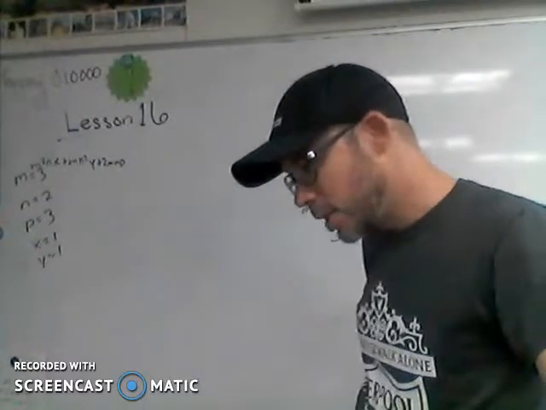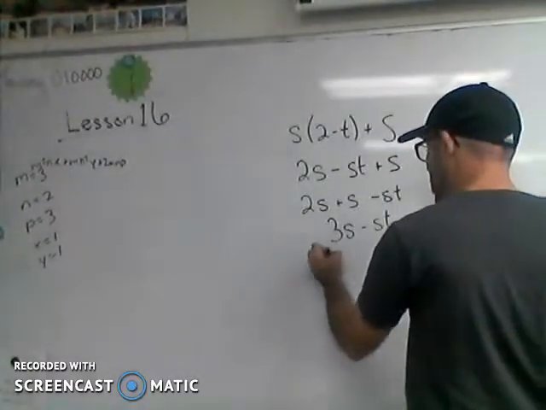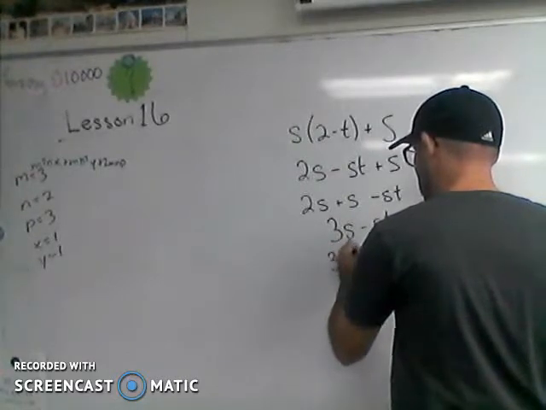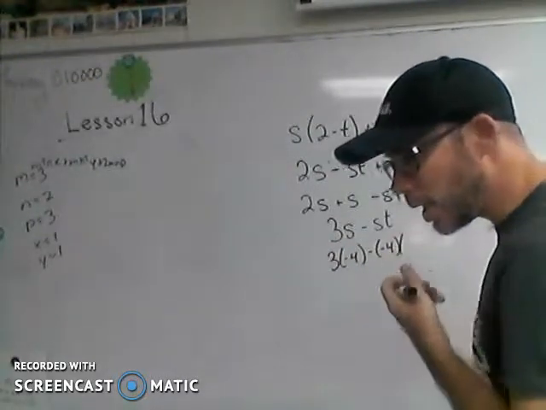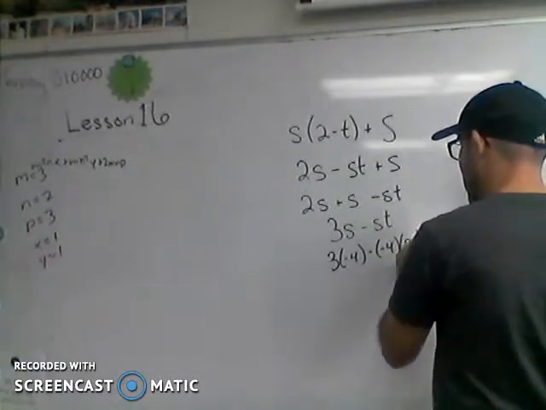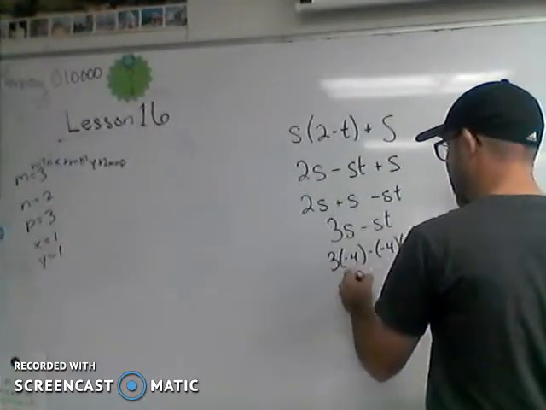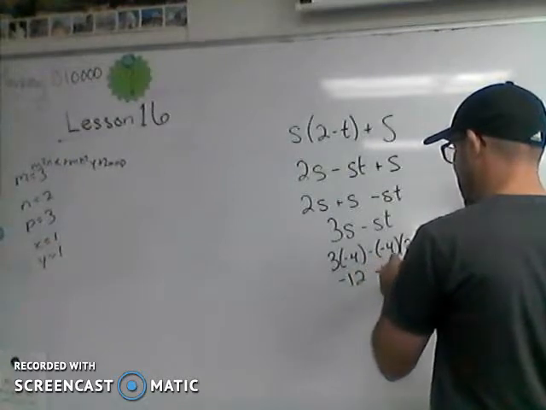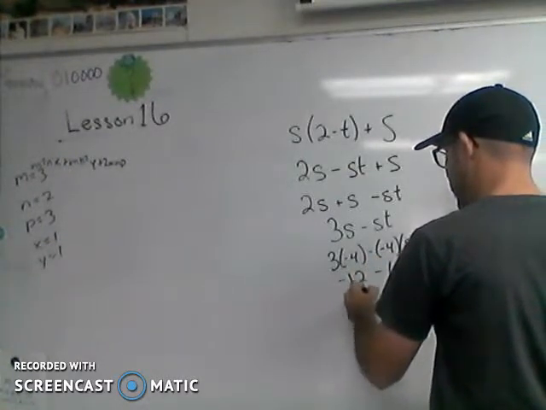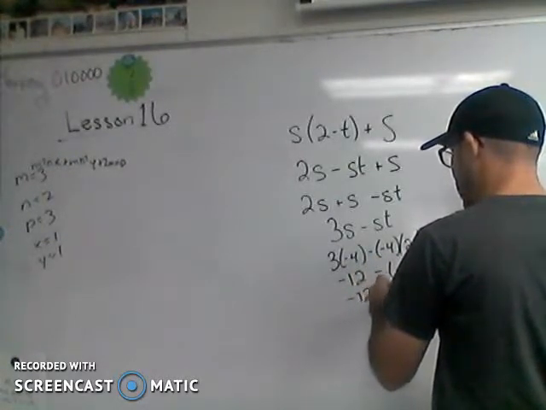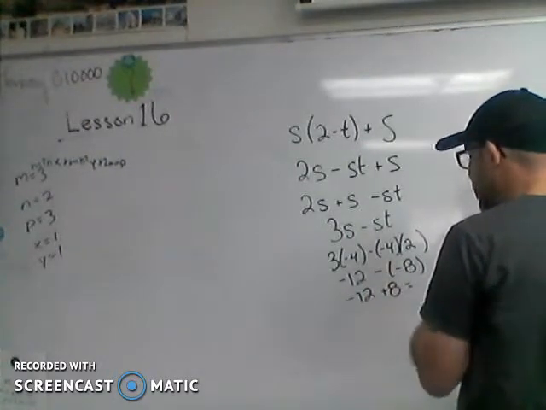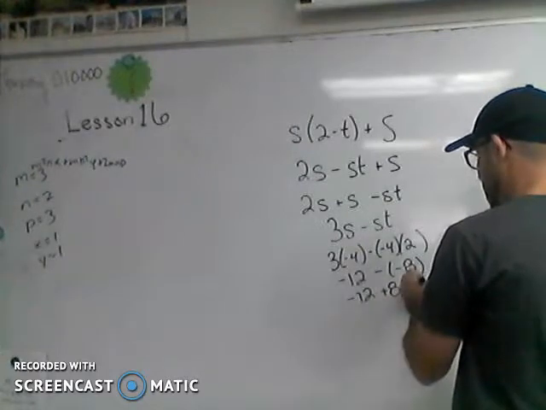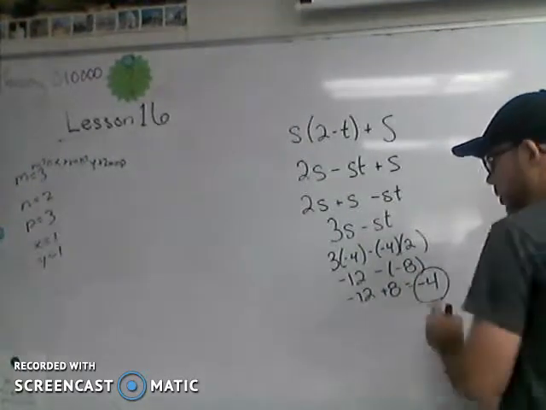And this one says if s is negative 4, and if t is 2. So now we've got negative 12 minus negative 8, or negative 12 plus 8. Negative's a bigger number here, so I find the difference between them, which is 4, and then it has to be negative, and I've got my answer.